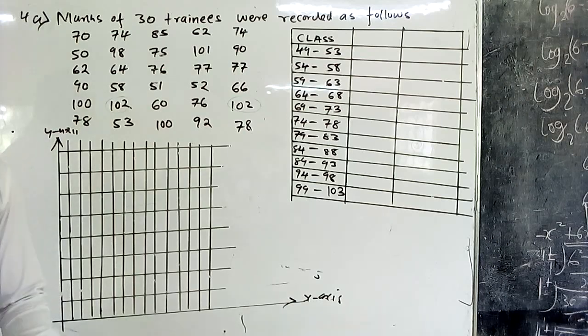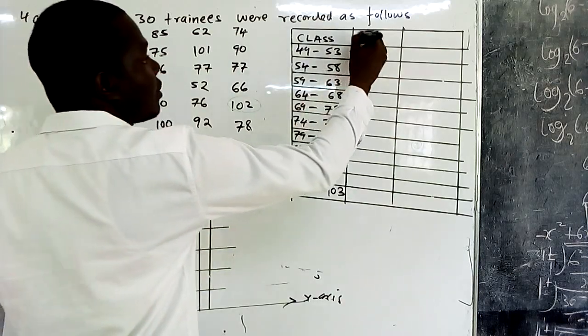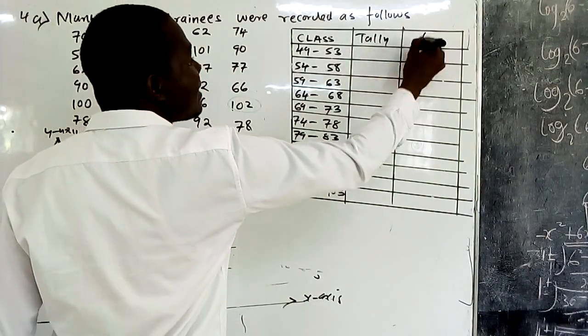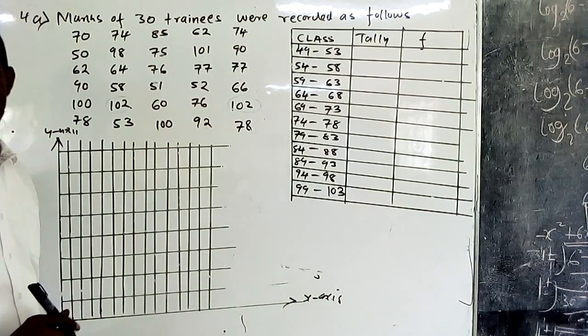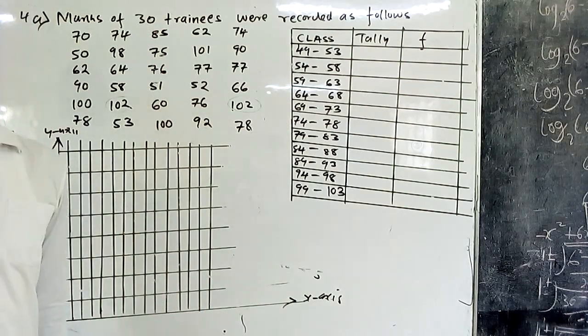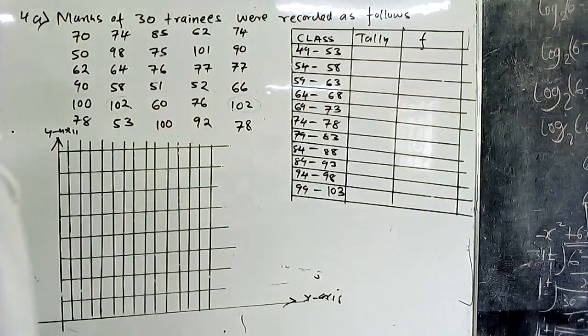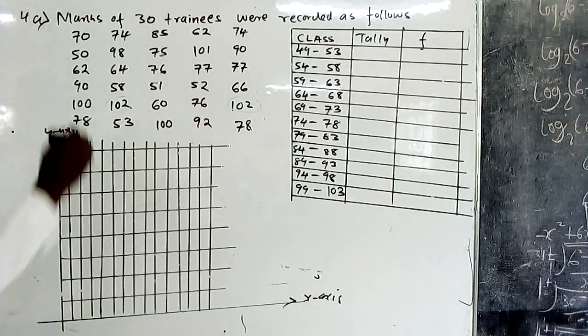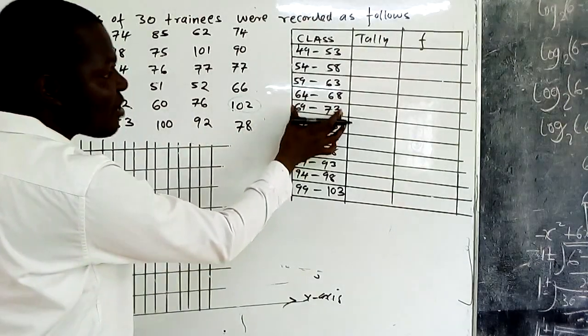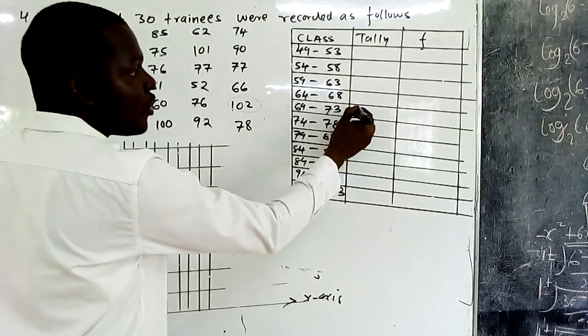Are we together there? Then what do we do? We tally to get the frequency. Start with the first one, 70. You cross it, then you go: 70 is in this class, you tally that.